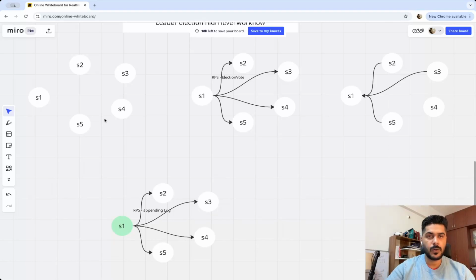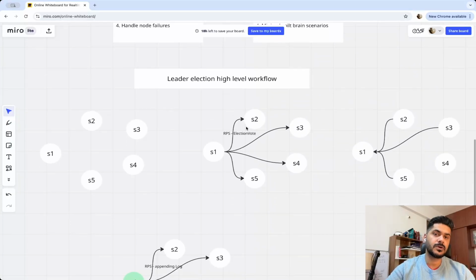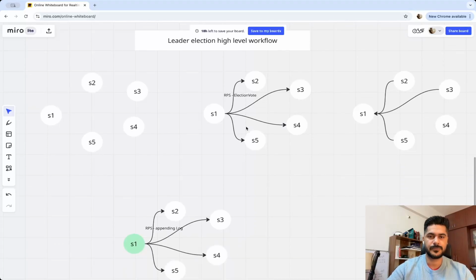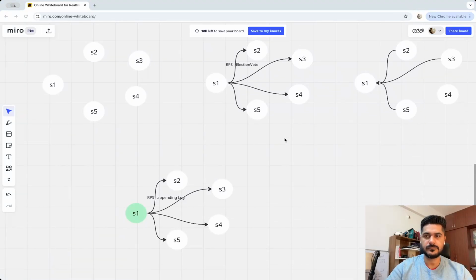That is how we try to minimize the state where multiple followers convert themselves into candidates and try to become the leader. Otherwise our system will not be in a consistent state.